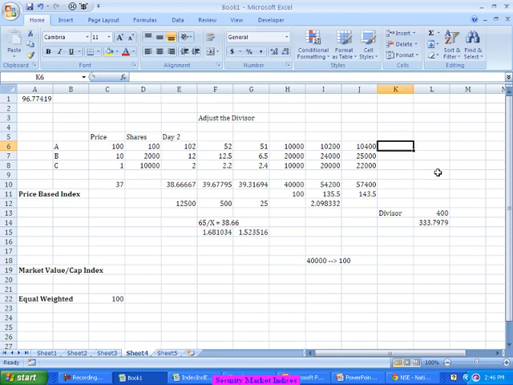What is the percentage increase here? 2%: 102 minus 100 divided by 100. Probably you are finding out the percentage increase of all these: 2%, 20%, 100%.